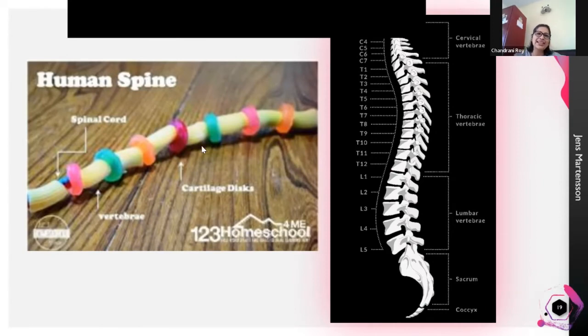So this is something that is pretty easy for children to understand. Do you feel you can easily do this activity? Yes, definitely, ma'am. And we can also hold it up straight. If the wire inside is a little firm, we can give the curvature of the spine and ask children to understand.